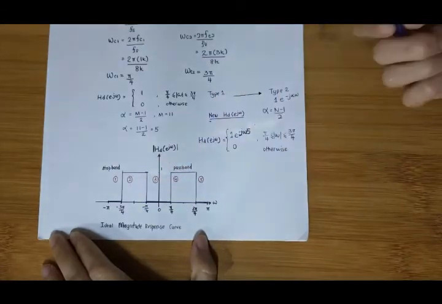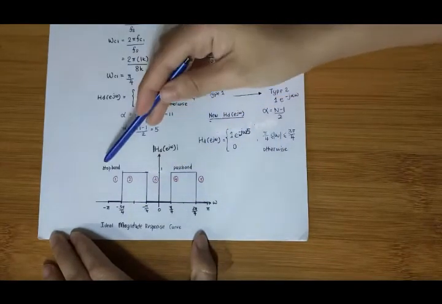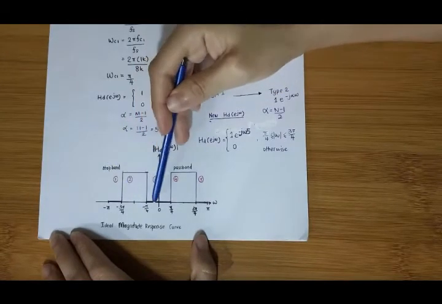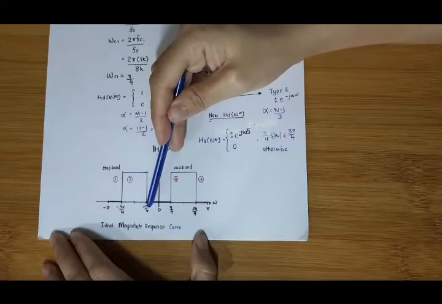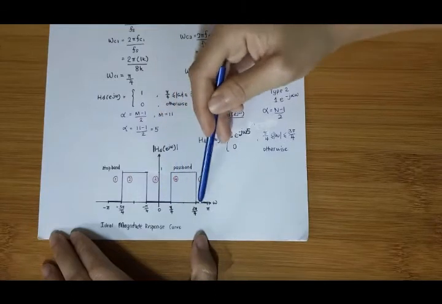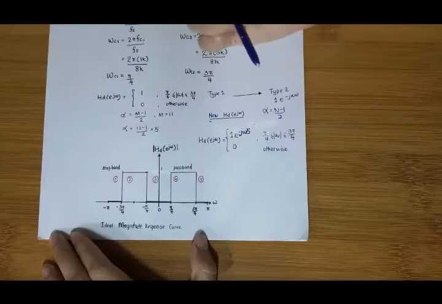Other than these two areas, the other areas are stop band. So we are drawing one line here for the stop band, from negative pi over 4 until positive pi over 4, and until here also a stop band until pi.